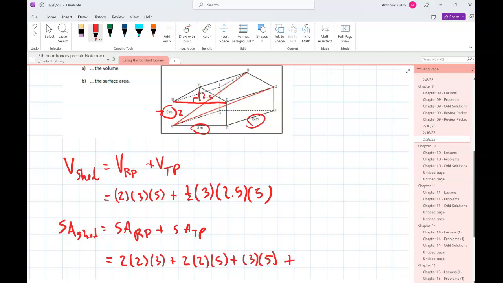And then the triangular prism, I have the triangle part. So 1/2, and then the triangle was 3 times 2.5. And then I have the 2 rectangles on top. Now, the catch here is we don't know that length, right?